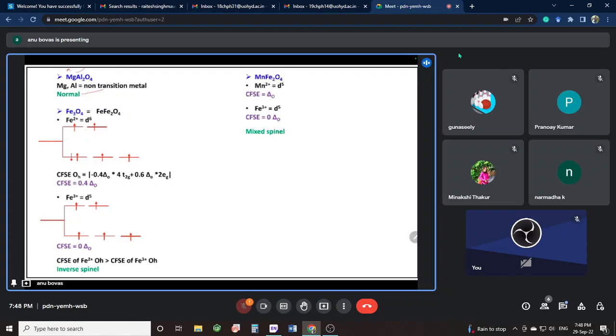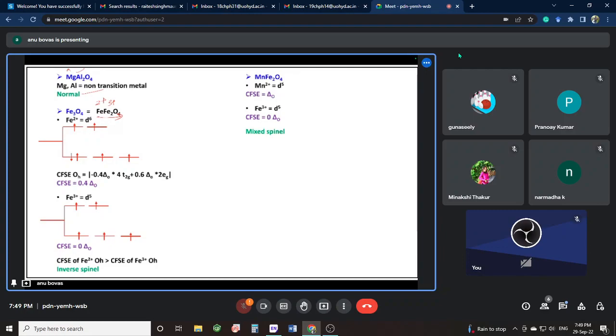Fe3O4. You can see it is not written in the AB2X4 formula, so we can write it in the AB2X4 form: here Fe is 2+, and the other Fe is in 3+, with O4. Now we have to find the CFSE of Fe2+ and Fe3+.